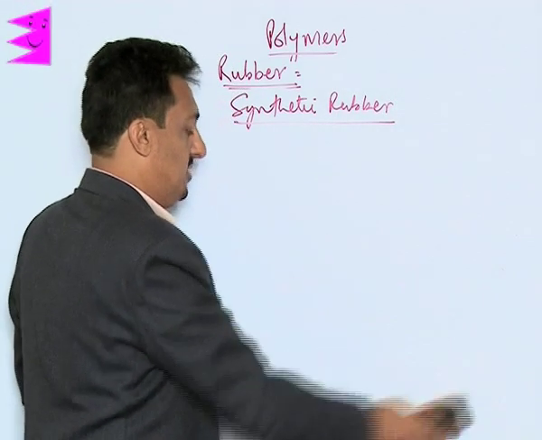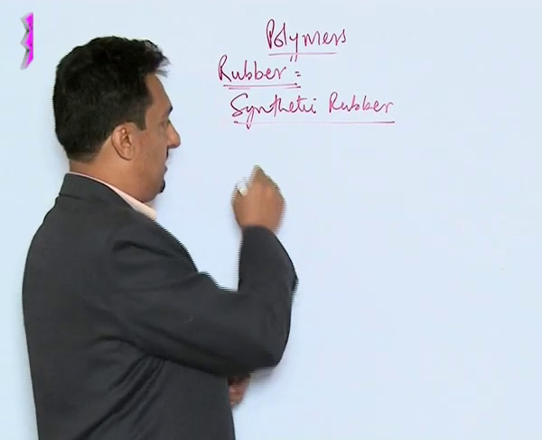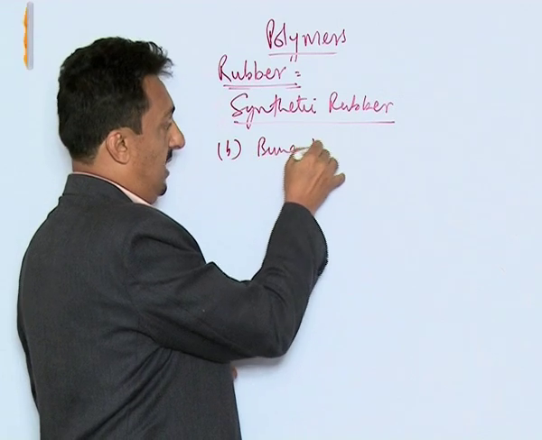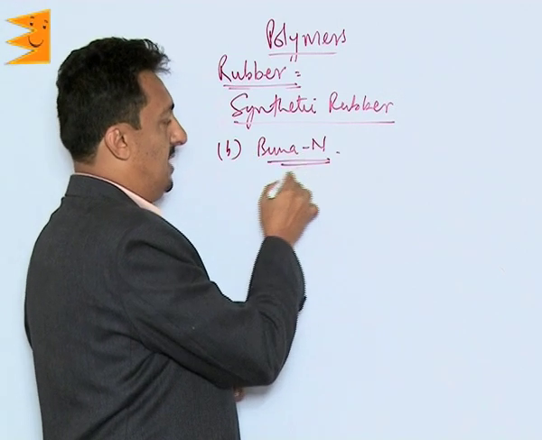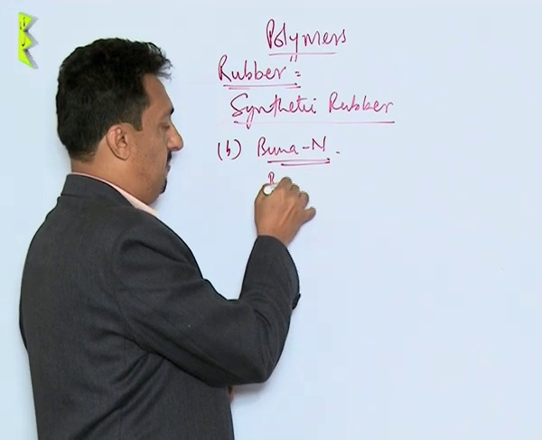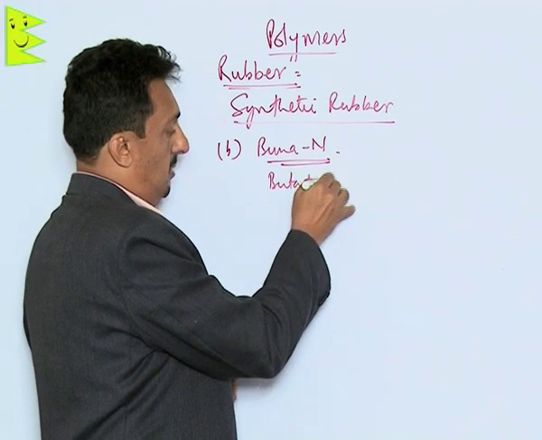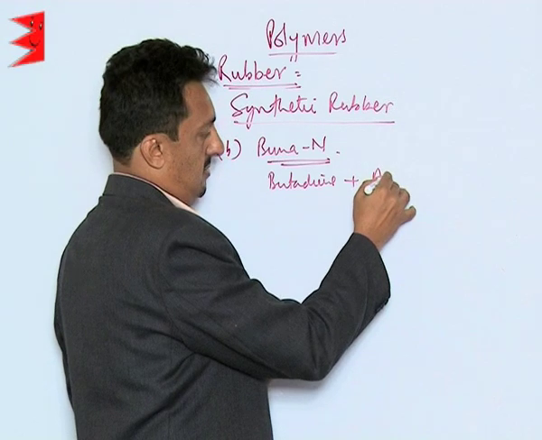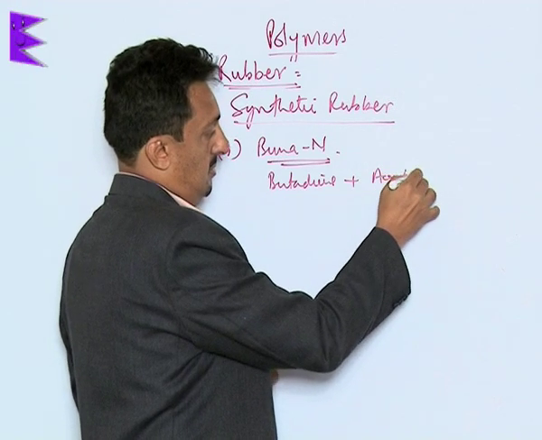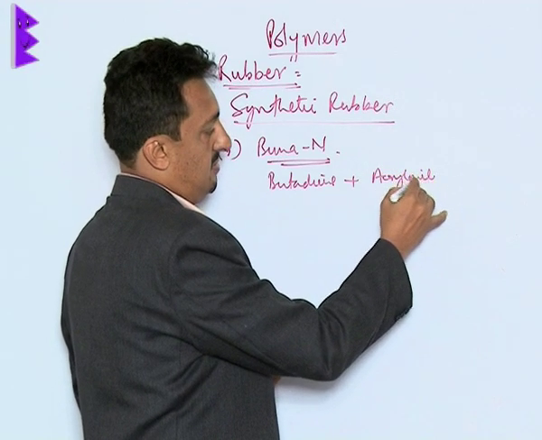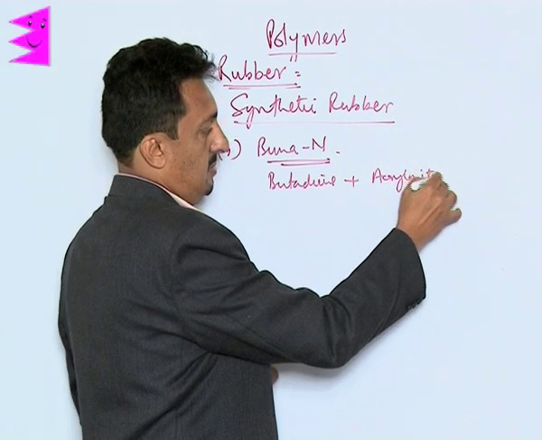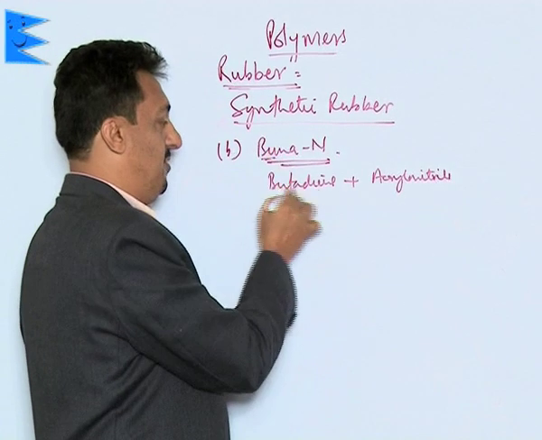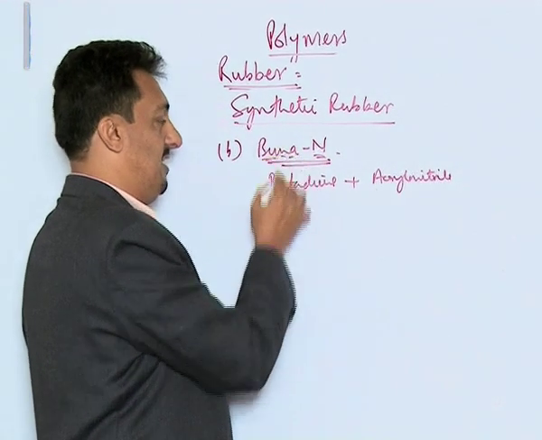Then let's move to the two important copolymer synthetic rubbers we have. The first one is Buna-N. Buna-N, as the name indicates, is a polymer between butadiene and acrylonitrile in the presence of sodium. So, Bu means butadiene, N means acrylonitrile, and Na is sodium.